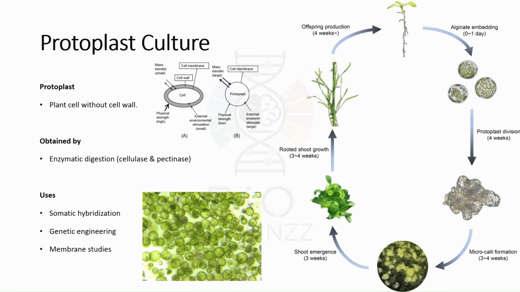Once isolated, protoplasts can be cultured in suitable media where they regenerate their cell wall, divide, and eventually form callus, from which a whole plant can be regenerated. Protoplast culture is especially important in somatic hybridization, where protoplasts from two different species are fused to form hybrid cells that might not be achievable by sexual crossing. CUET-PG often asks enzyme-related MCQs here. Remember cellulase and pectinase.